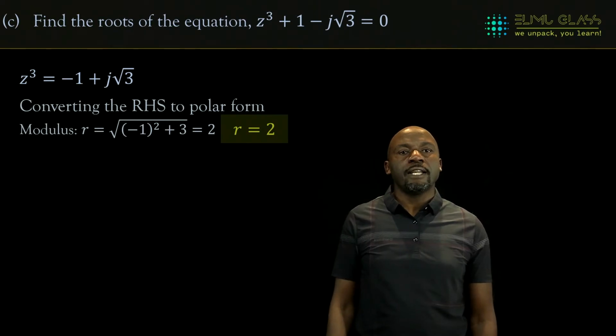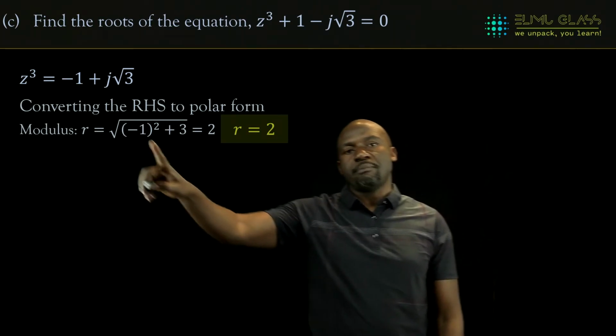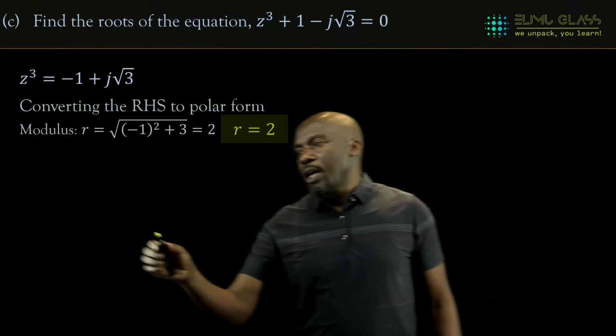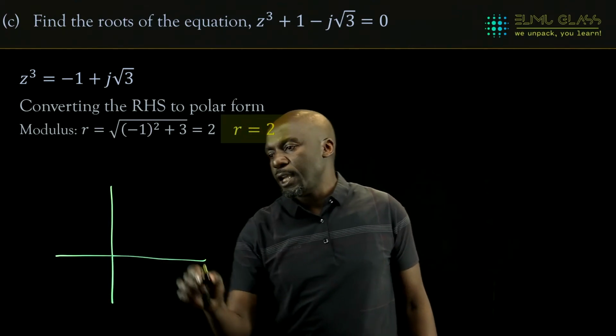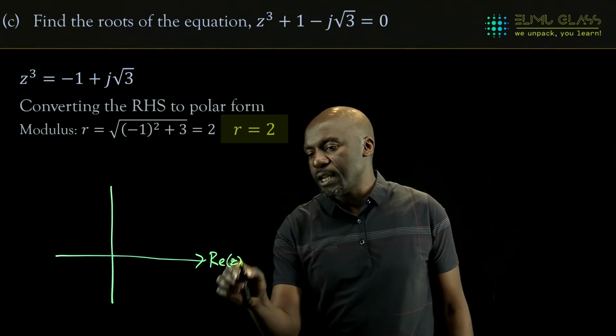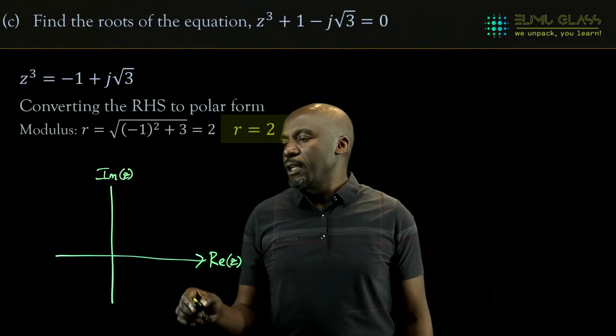All right. Secondly, we want to find the argument of the complex number. The argument of the complex number is the angle that the complex number makes with the positive real direction. So if I draw this here, this is called the real axis of the complex number. This is the imaginary axis of the complex number, all right?